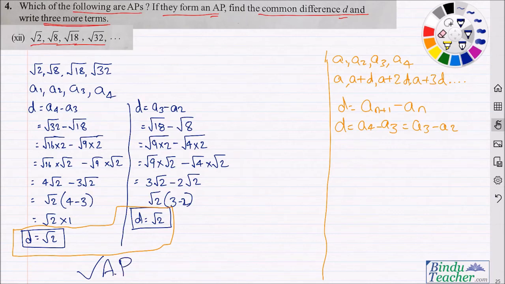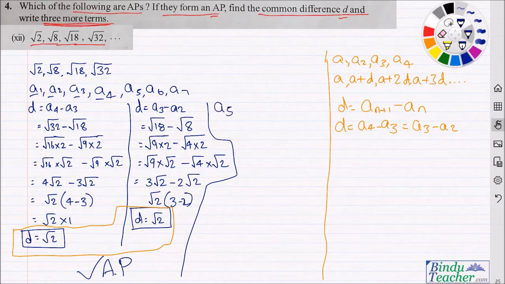Now, let's look at the second part of the question, which is to find out 3 more terms. Here we already have four terms, a1, a2, a3 and a4. We have to calculate now a5, a6 and a7. So how do we calculate a of 5? For that we will look at the formula that we wrote here. For a4 it was a plus 3d.